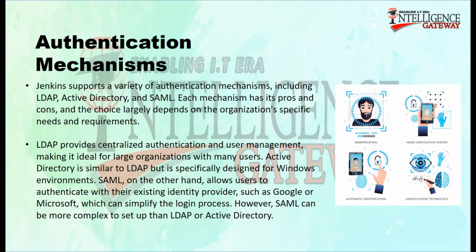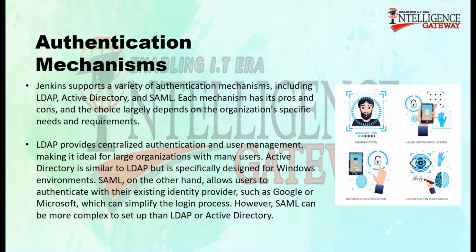Authentication mechanisms. Jenkins supports a variety of authentication mechanisms, including LDAP, Active Directory, and SAML. Each mechanism has its pros and cons, and the choice largely depends on the organization's specific needs and requirements. LDAP provides centralized authentication and user management, making it ideal for large organizations with many users.